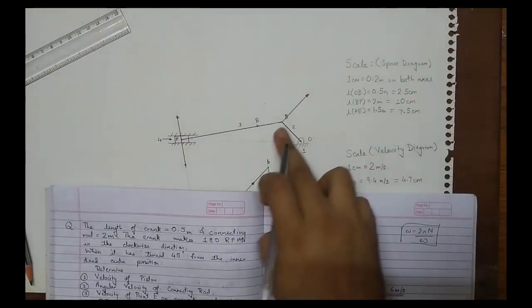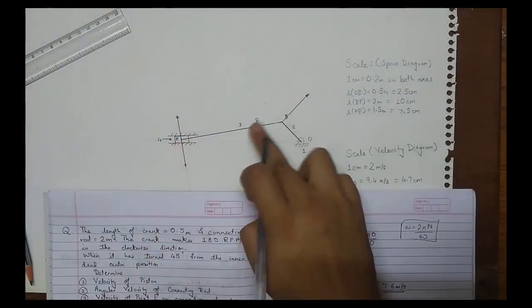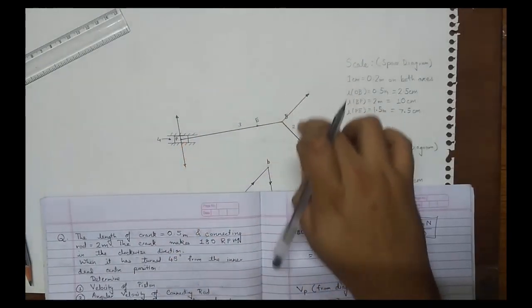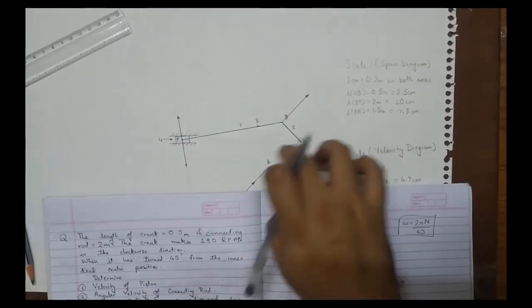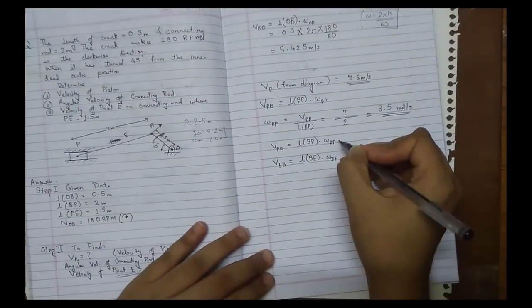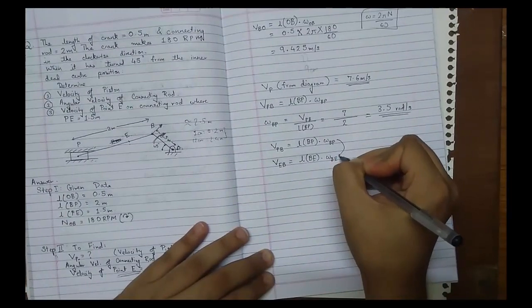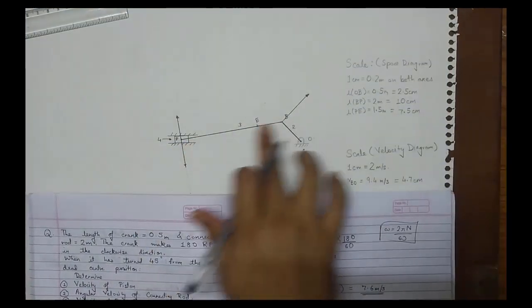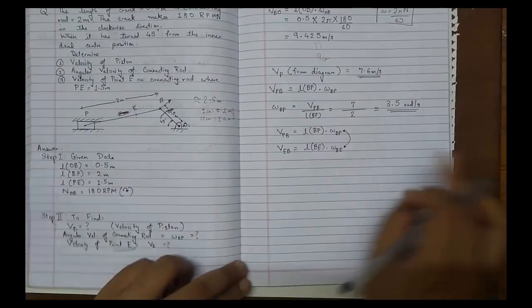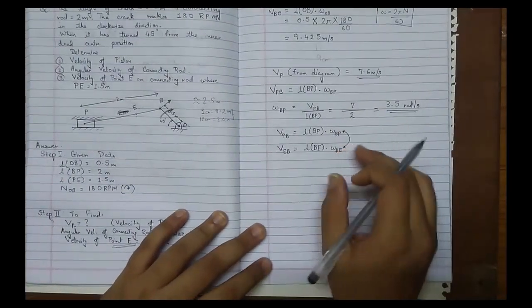But in this, BE and BP are on the same link. If they are on the same link, they will have the same angular velocity. What does that mean? Omega BP will be equal to omega BE, because the same link can have only one angular velocity.